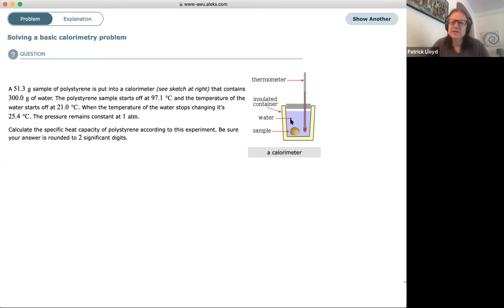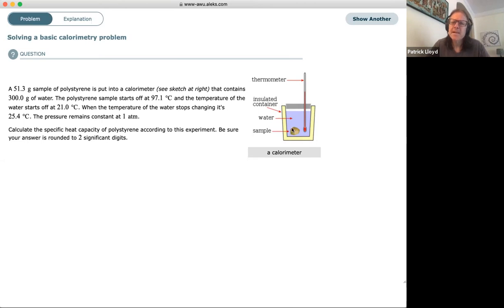But in any case, what the insulator does is it ensures that any heat transfer that occurs is very, very slow. If there's heat transfer occurring, it's only within the container. It slows it down to such a degree that by the time you make your temperature measurements and you're done, essentially no heat has transferred out of the container. So that's the idea of an insulator.